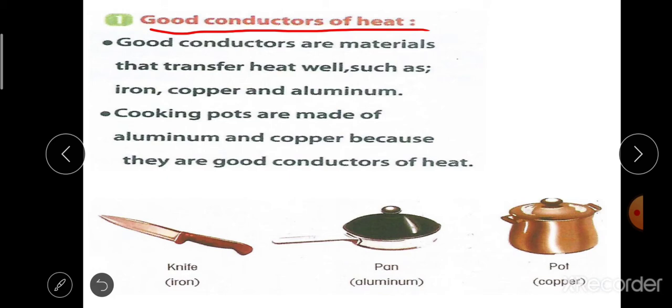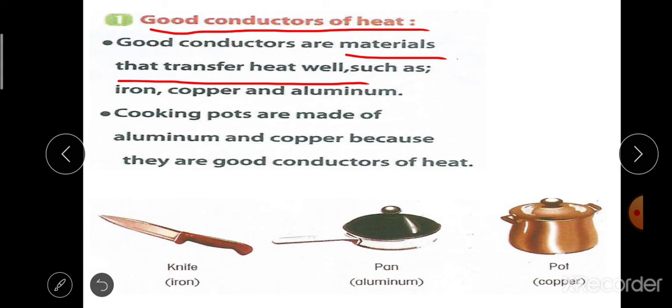They are the things or the materials that transfer heat very well, which means that they allow the heat to move through them and then they become hot.